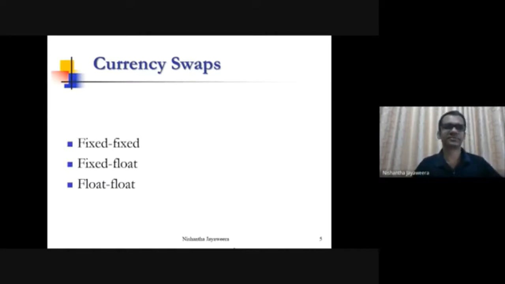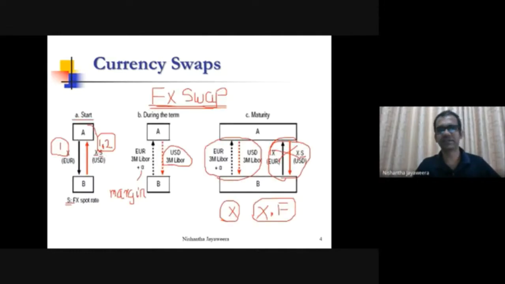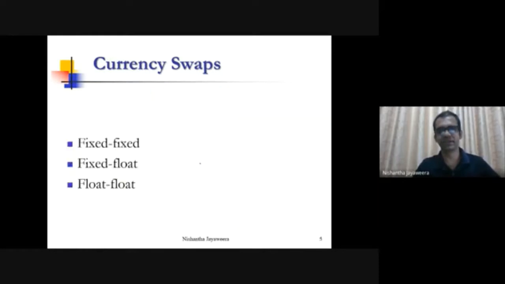So this is the interest rate scenarios that I explained. In this example, this is a float-in or float arrangement, but it can be a fixed arrangement, or a fixed-float arrangement, or float. That means interest rates on both currencies are fixed, but two different rates depending on the market condition.